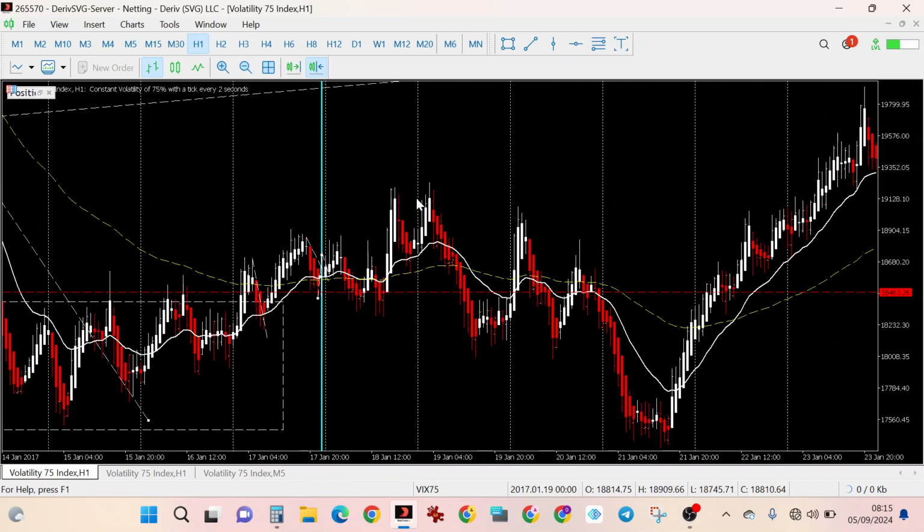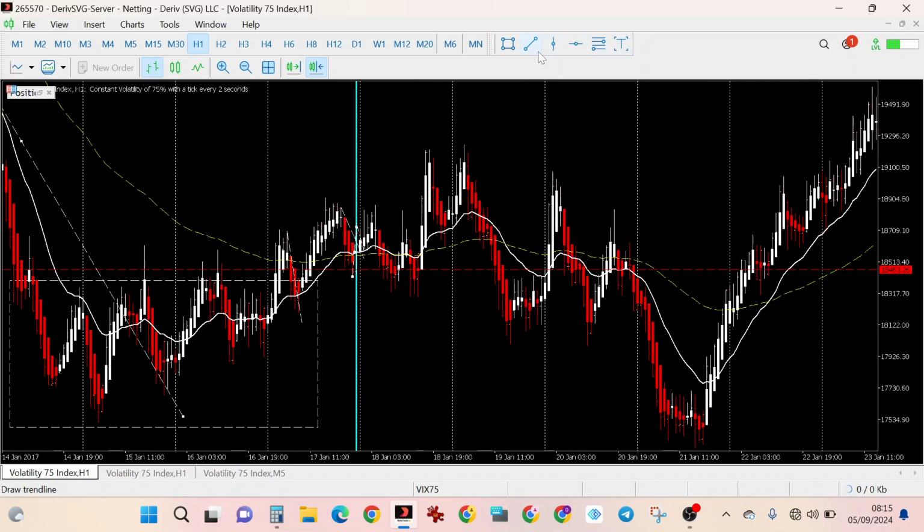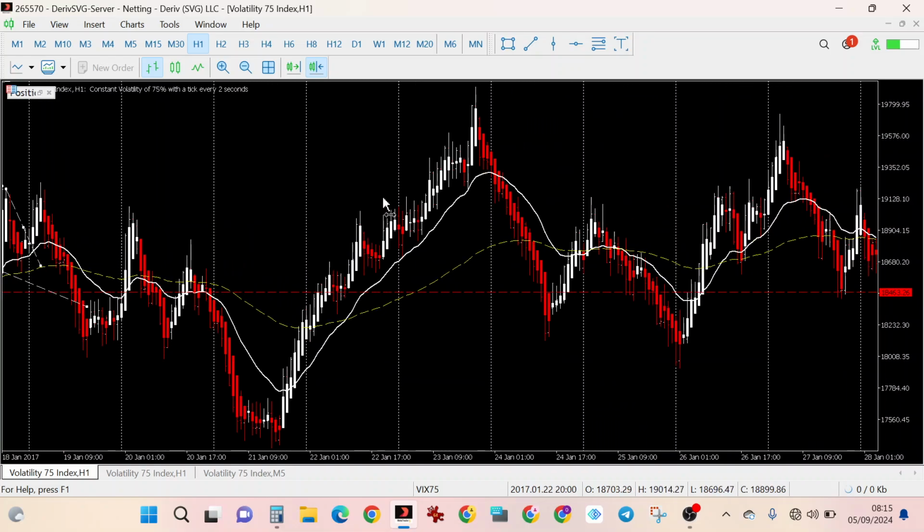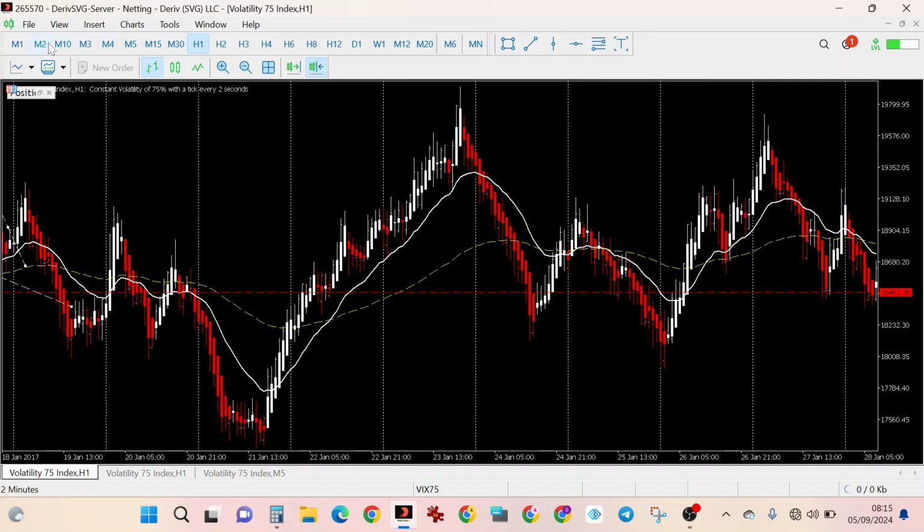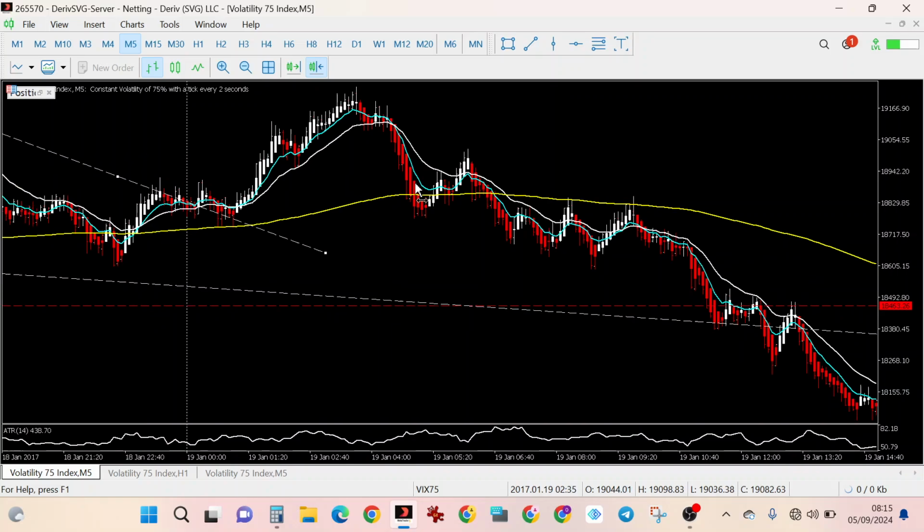Maybe the market doesn't want to keep going up. It tries again and does the 1 2 3 setup again. So you ignore every sell setup you get here. It's not valid. So try again on M5.